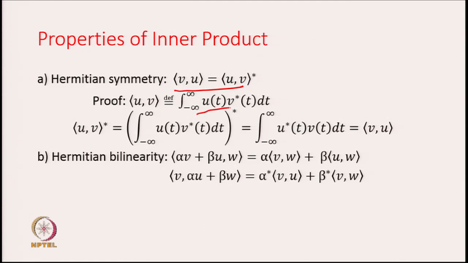By definition, we have chosen the inner product of the two signals to be this. So let us see what happens if I take a conjugate. The conjugate of an integration is nothing but the integration of the conjugate. So this conjugate gets inside the integration, u t conjugate v t dt, and this by definition is the inner product of signal v with signal u, and hence Hermitian symmetry is satisfied.